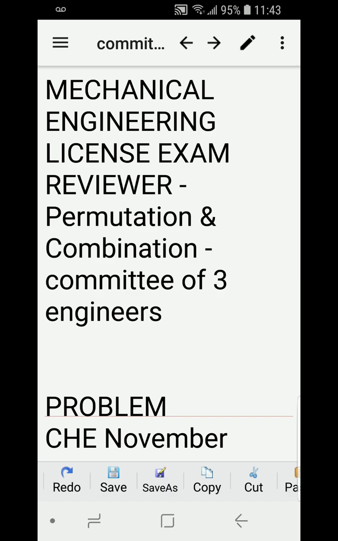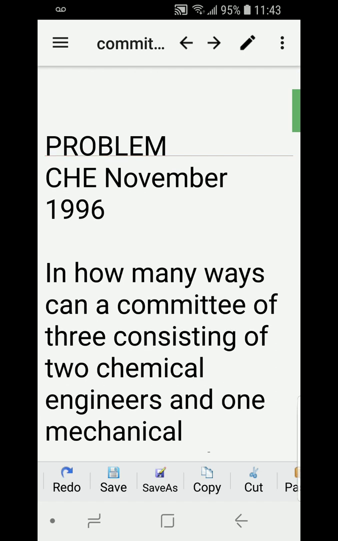Today's topic is on combinations, forming a committee of 3 engineers. We have a problem here from the Chemical Engineering board exam of November 1996 in the Philippines.